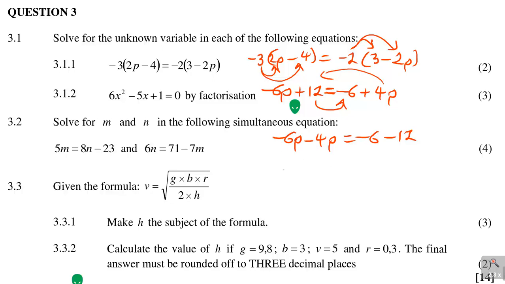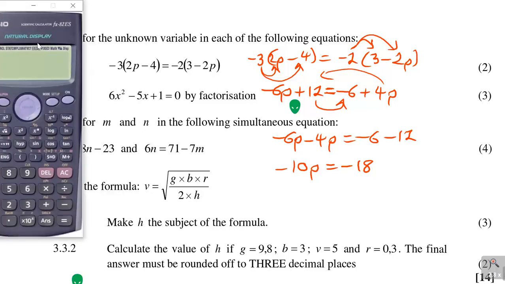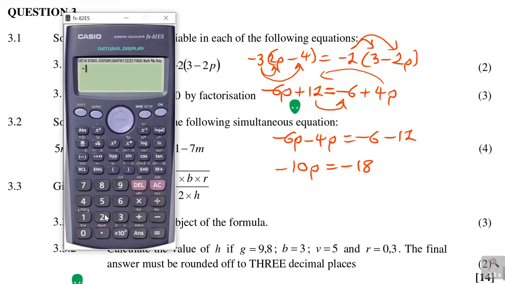So minus 6 minus 4 is negative 10p. Check with the calculator. Is equal to minus 6 minus this, which is negative 18. You can quickly check that. Minus 6 minus 4 is negative 10. Negative 6, negative 12 is negative 18.